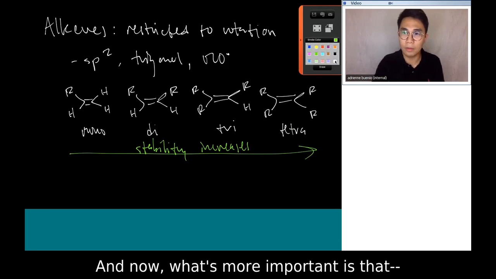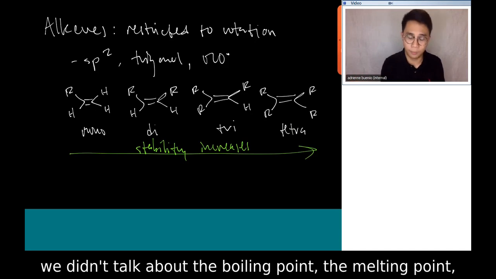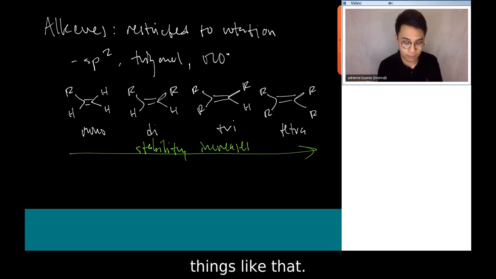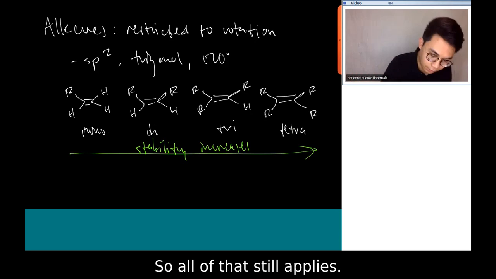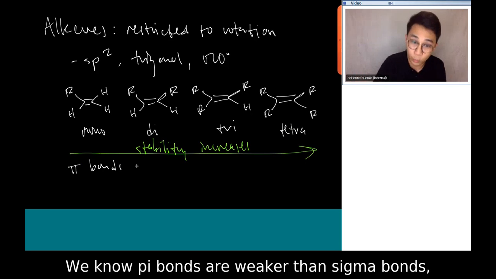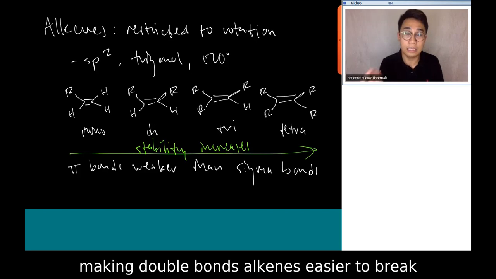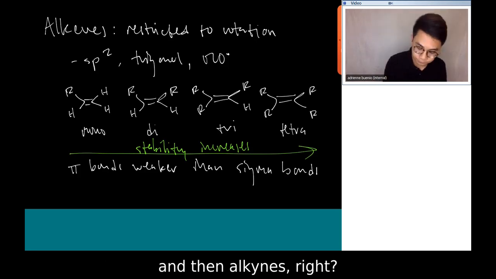And now what's more important is that we didn't talk about the boiling point, the melting point, things like that. So all that still applies, right? We know pi bonds are weaker than sigma bonds, making double bonds, alkenes, easier to break than alkanes, right?